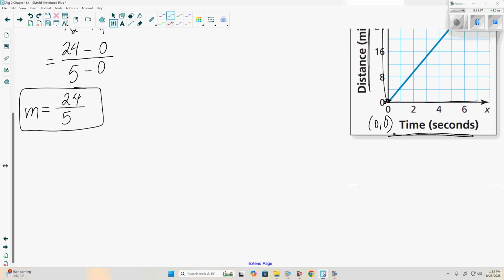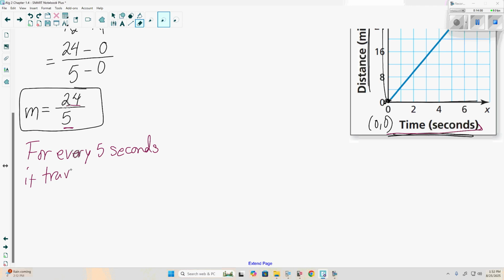Now slope is the change in y over the change in x. So the change in x is 5. So it's saying for every 5 seconds, because x is our time, when we go right, we travel how far?